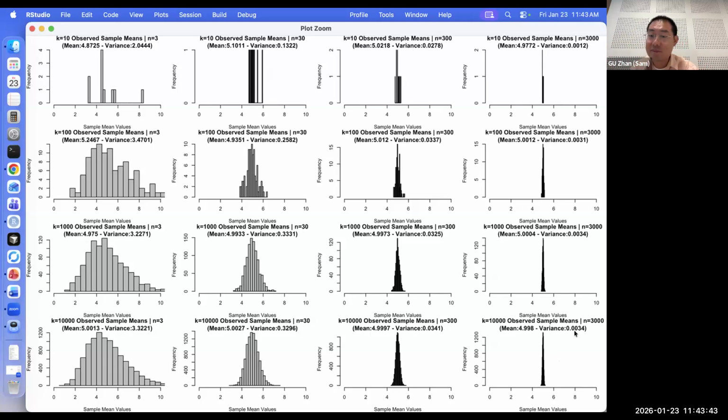When the sample size gets larger, it's more symmetric. This is again showing you the central limit theorem, which says that the larger the sample size, the better. But empirically, if it's greater than 30, it is already very well symmetric.